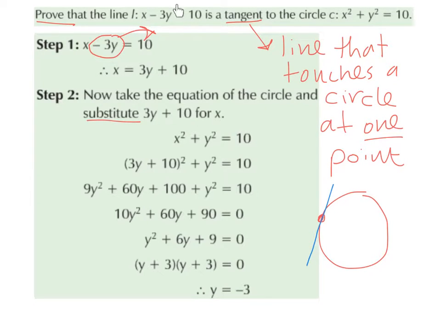We always put the simpler equation that contains no squareds into the circle equation, which always has squareds. So our equation for the circle is x squared plus y squared is equal to 10. So we swap the x for 3y plus 10, and we must have brackets around it. Then we need to work out 3y plus 10 squared.